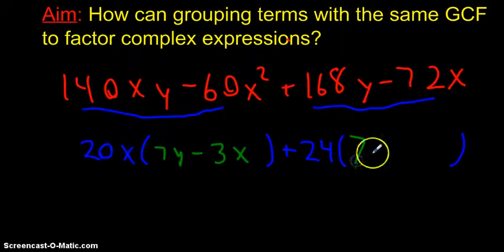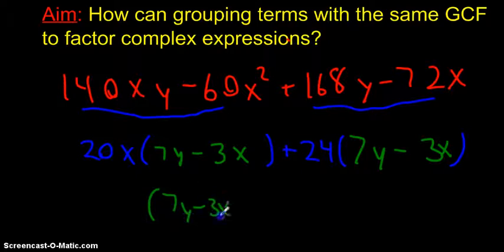So 7y minus 12 goes in here 6 times, so 24 must go in there 3 times. And you'll see there's a common polynomial factor of 7y minus 3. So 7y minus 3 is one of our factors, and the other one will be what's left over, which is 20x plus 24.